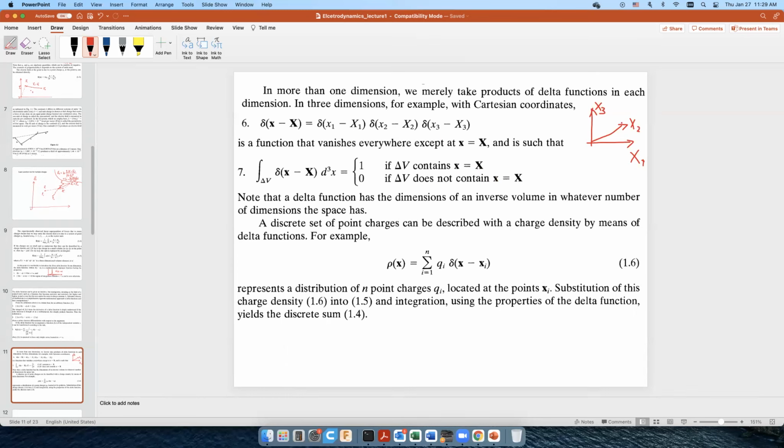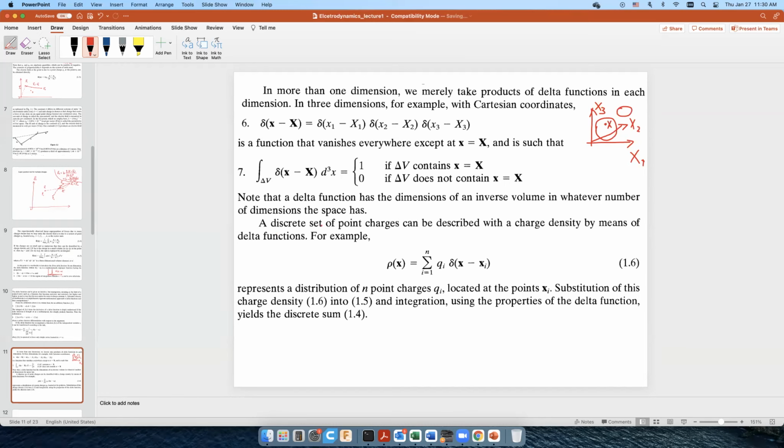Let's say in a three-dimensional case, you have one point here, which is capital X. If your volume integral contains this point, then you get 1. Otherwise, if you do an integral elsewhere, then it equals 0.